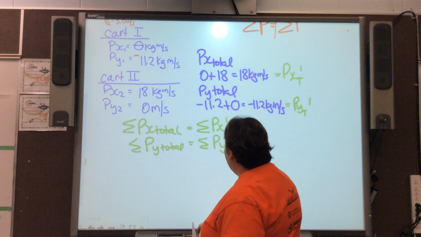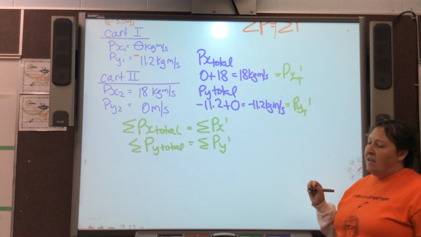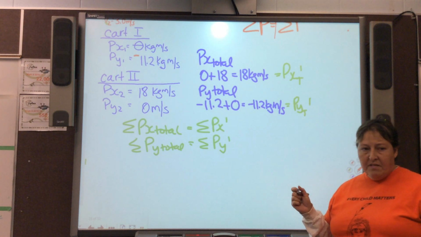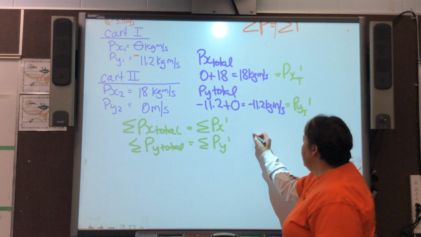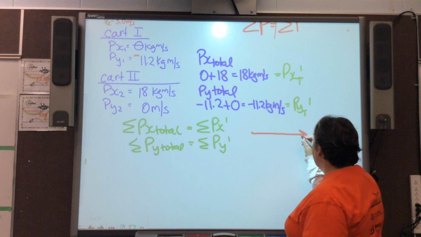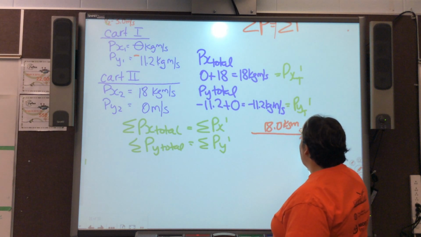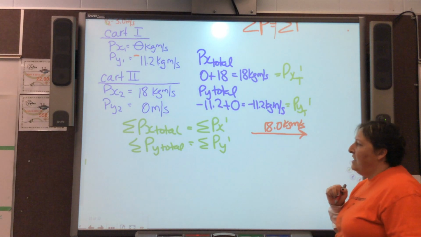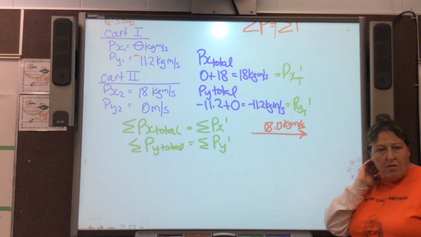So let's draw a diagram for this one. X is 18 kilogram meters per second. Is it positive or negative? Positive. So it's going in this direction. The next one is negative 11.2. Is it going to go up or down?